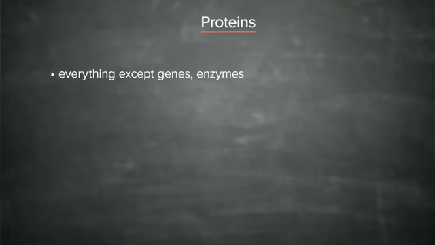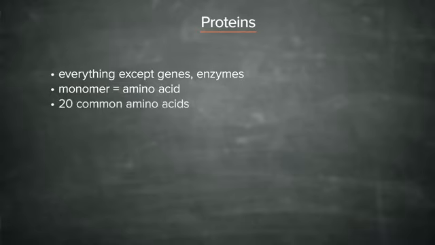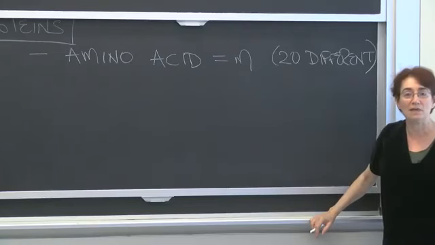Proteins are made up of a monomer called an amino acid. This would be the monomer. In the nucleic acids, there are 4 different types of bases that can contribute to the nucleotides. In the amino acids, there are about 20 different amino acids that are essential for human life.